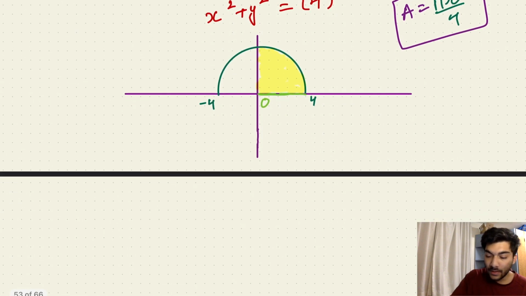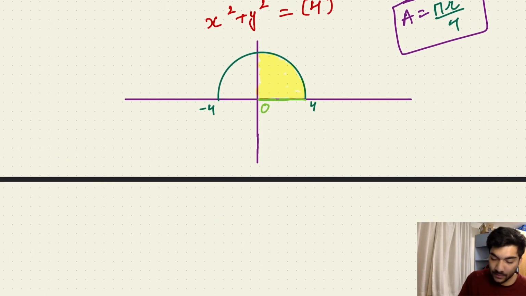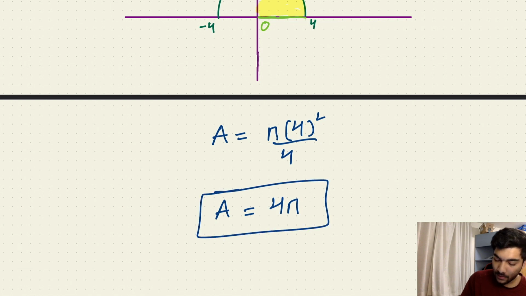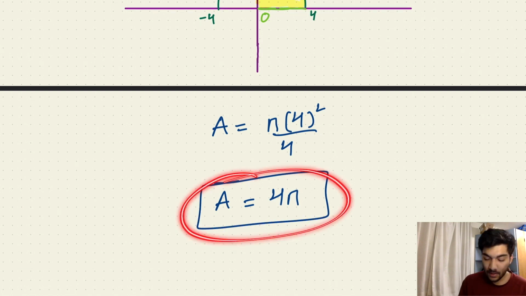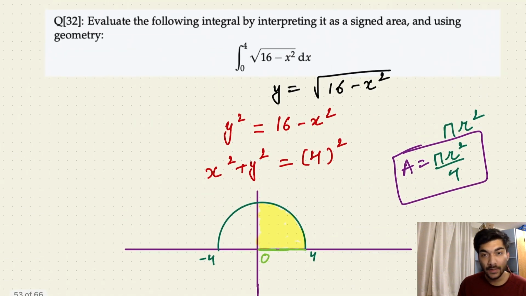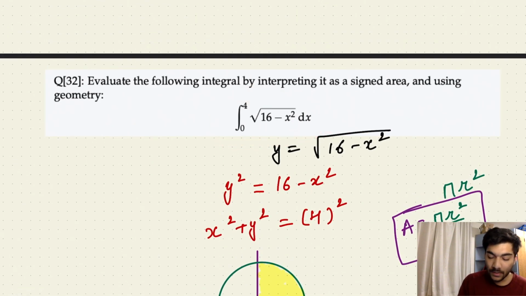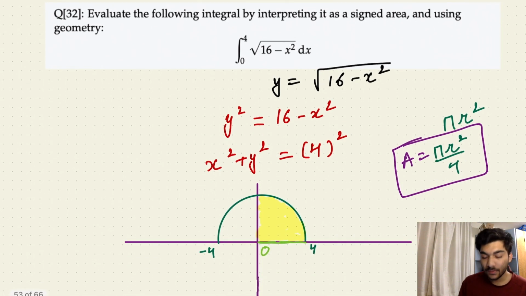If I calculate it precisely, since my radius is 4, my total area would be pi times 4 square divided by 4, which is 4 pi. So this is my final answer, and it is equal to the integral from 0 to 4 of square root of 16 minus x squared dx.